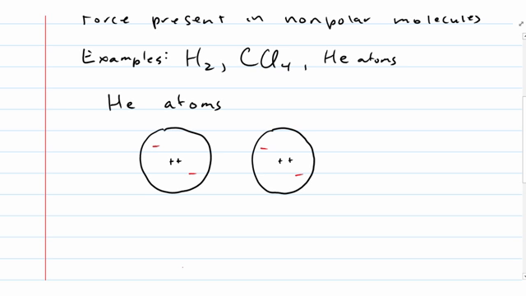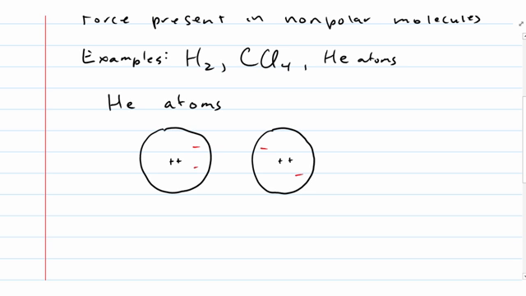Now ordinarily those electrons would be randomly distributed within the helium atoms. We don't know exactly where they are because the motion of electrons is random. And so at any point in time they could be like this, they could be like this, any possible position they could wind up orienting themselves into.